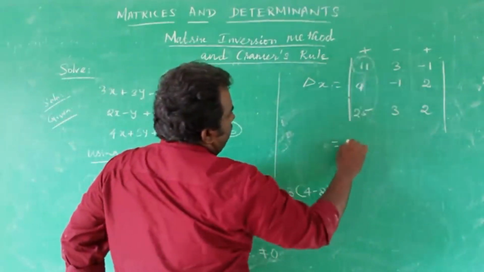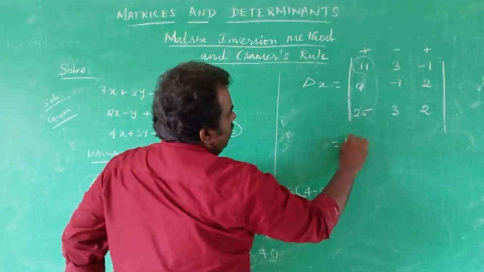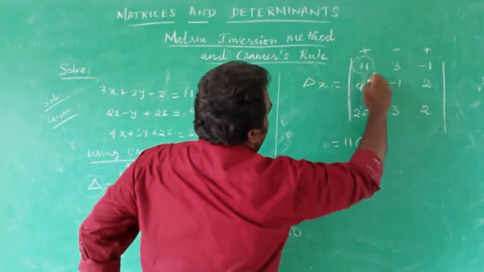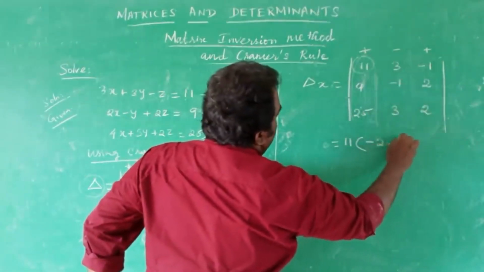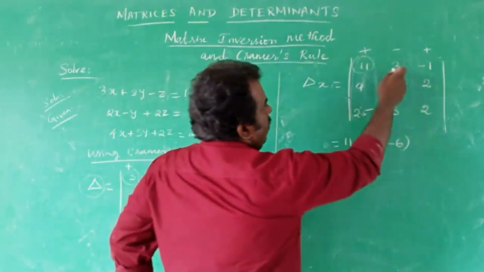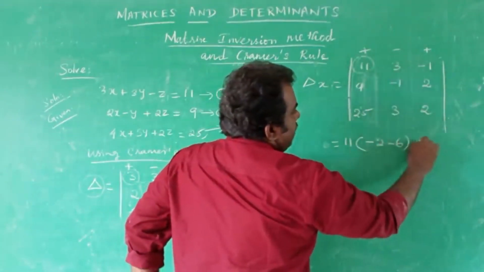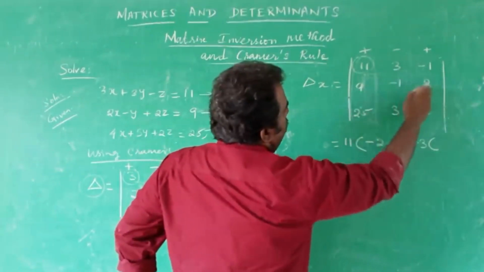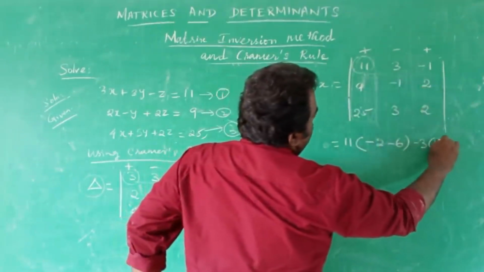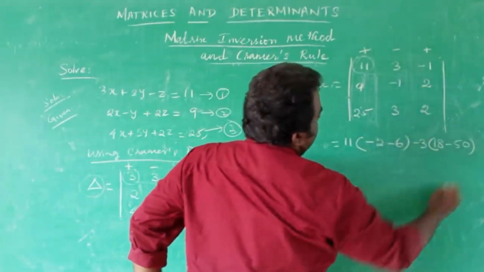Fix the element 11 with the symbol plus, leave this row and this column, and take the determinant of the 2 by 2 matrix, -2 - 6. Fix the element 3 along with the symbol minus, that is -3. Leave this row and this column and take the determinant of the remaining 2 by 2 matrix: 9 twos are 18, 18 - 50.